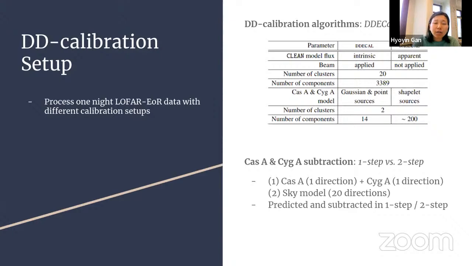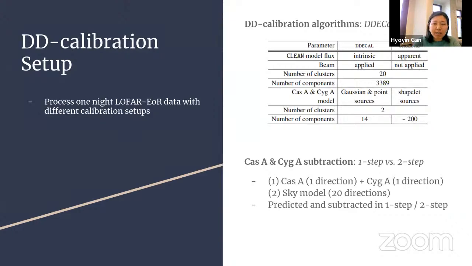And we also include Cassiopeia A and Cygnus A in the model, because even if they are really far away from our field of view, they're so bright, they still enter the field of view via side lobes. So we need to also correct for those two sources.